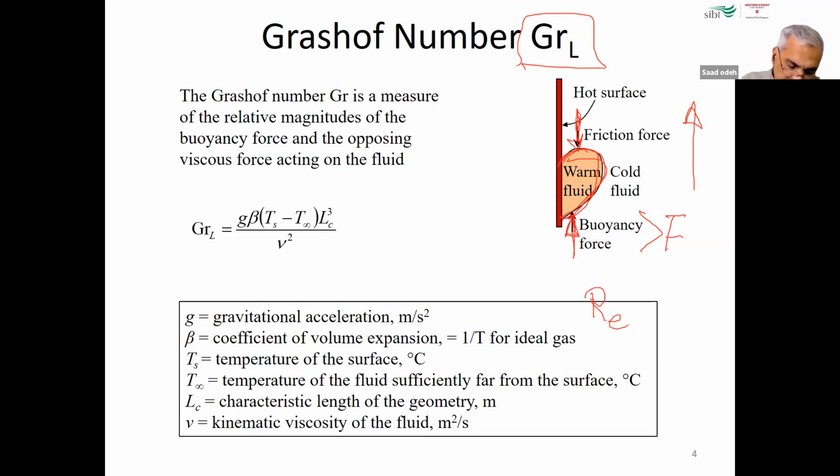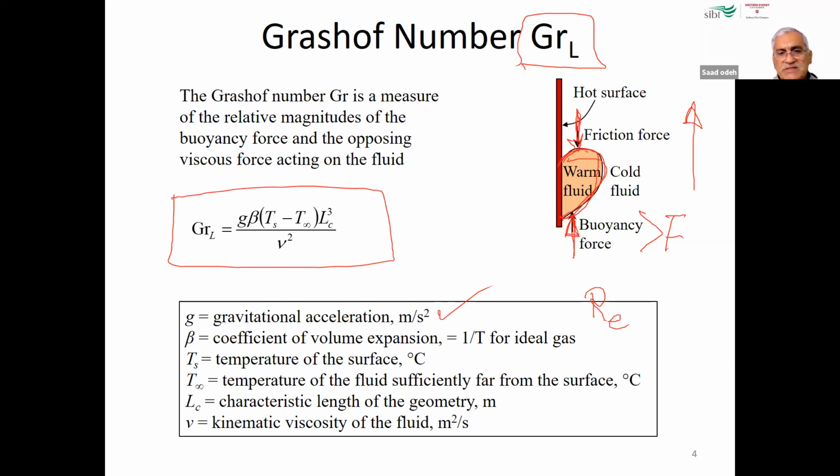So this is the formula that we need to use to find the Grashof number. As you can see, the formula consists of g, which is the constant gravitational acceleration, and we have the coefficient of volume expansion, beta.